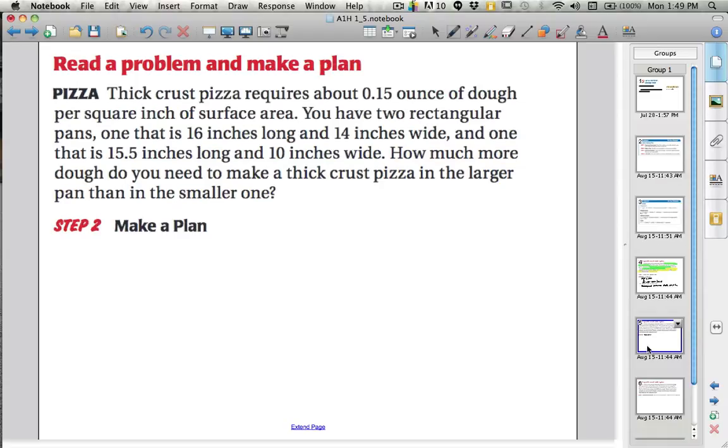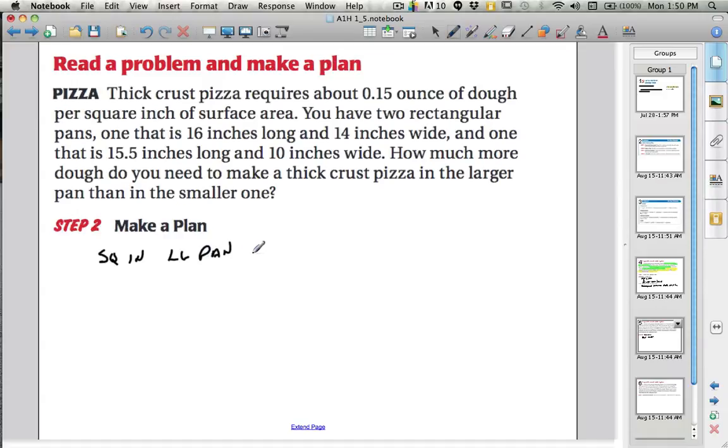So let's go through the plan. I'm going to calculate the square inches in the large pan. That's a pan, not rand.